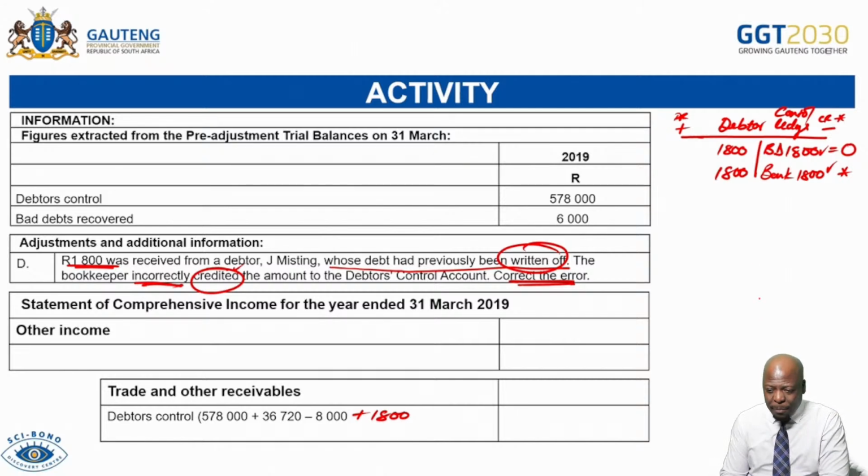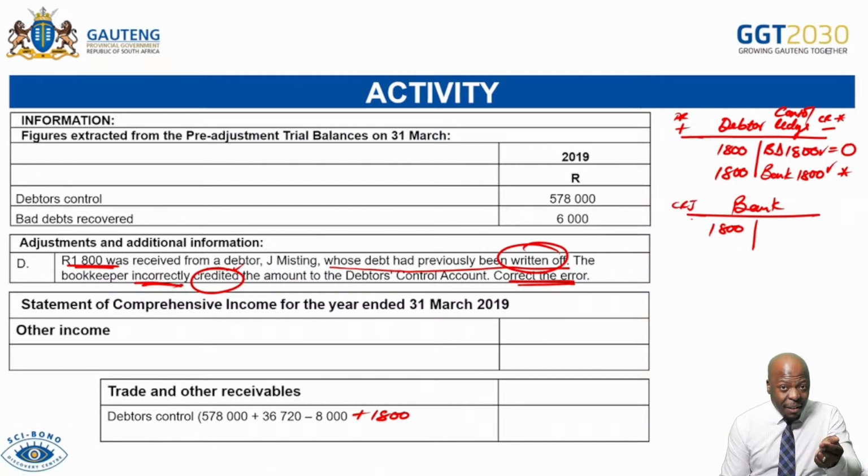Let's start with a simple one. If I can ask you a simple question, this money when it was received, in which journal was it recorded? CRJ. So whenever you're posting from the CRJ, remember, you always debit bank. So you're going to get your bank account and you would have your 1.8. Bank is receiving.